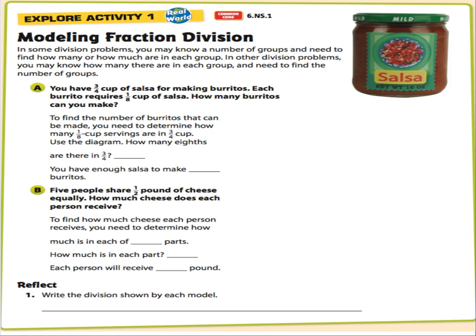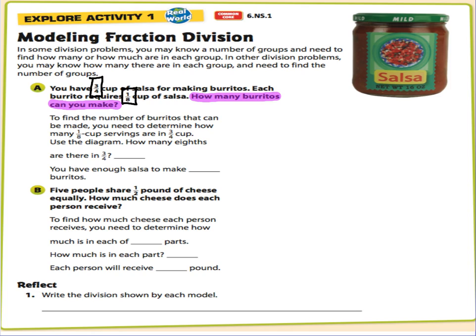All right, so what we're going to do is look at what's actually happening when we're dividing with fractions. So I have this person and I want to know how many burritos this person can make. So ultimately that's my question. But what I have to look at is what am I working with here? I'm working with only 3/4 of a cup of salsa, and I know that each serving requires 1/8 of a cup of salsa.